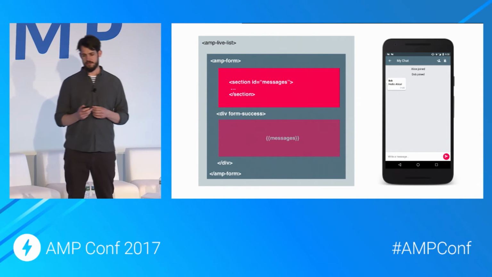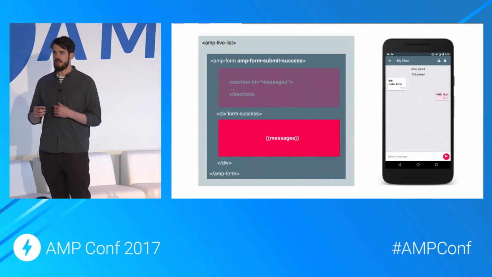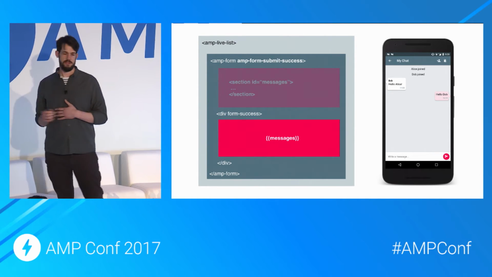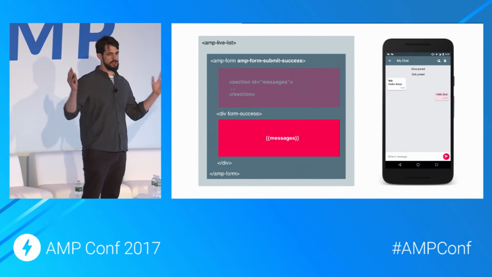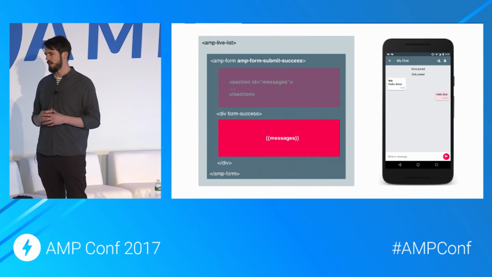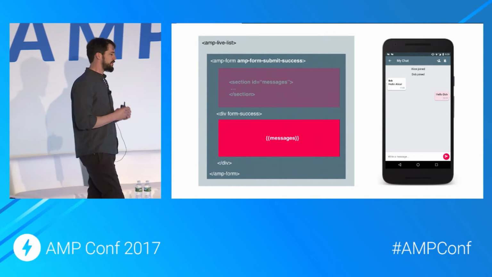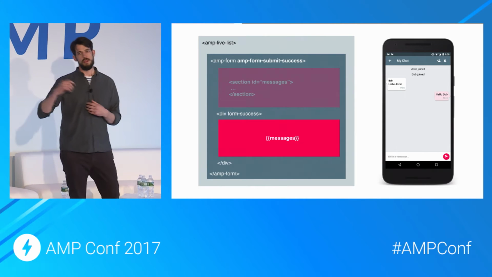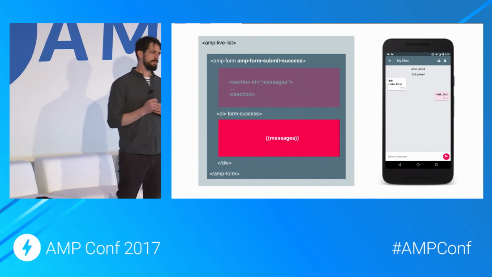Then we compose a message and send it, and then render the result, the updated message list, inside the AMP form's form success block. At the same time, we have to make sure that we don't show both versions of the message stream, so we hide the initial version of the messages. That works quite well. Now we can send and receive messages, and when I send a message, the result will instantly appear on the stream. However, there's one problem.